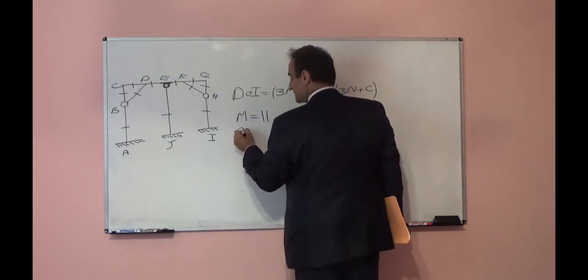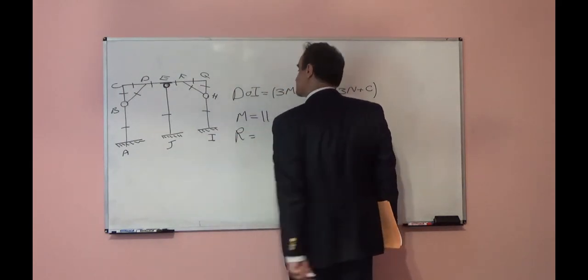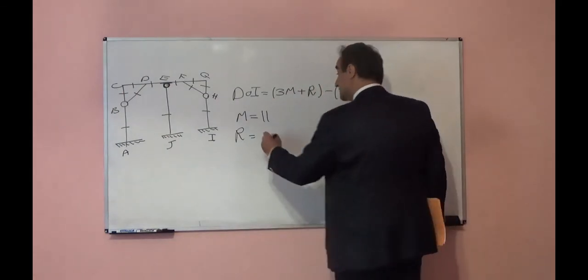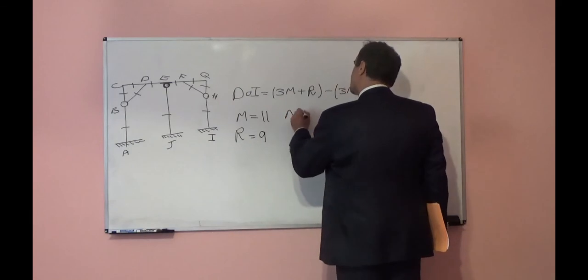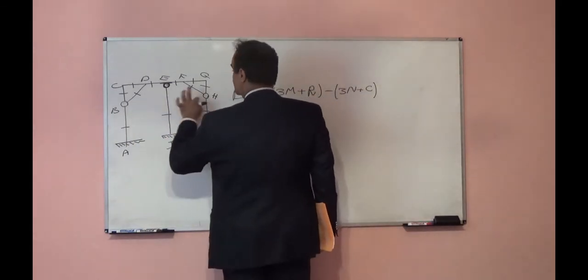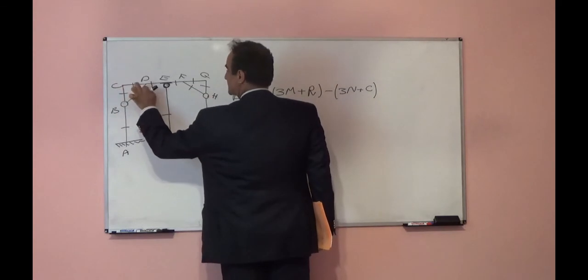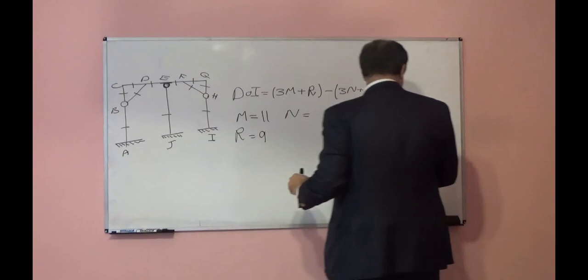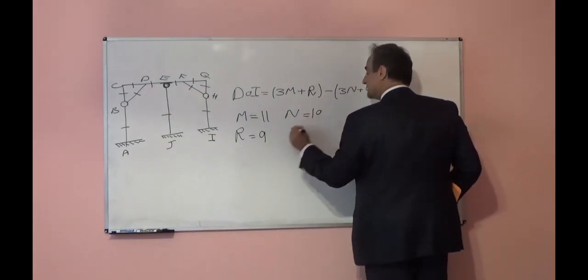Number of reactions: 3 fixed supports, each one 3 reactions, 3 times 3 will be 9. Number of nodes: 1, 2, 3, 4, 5, 6, 7, 8, 9, 10. So I have 10 nodes.